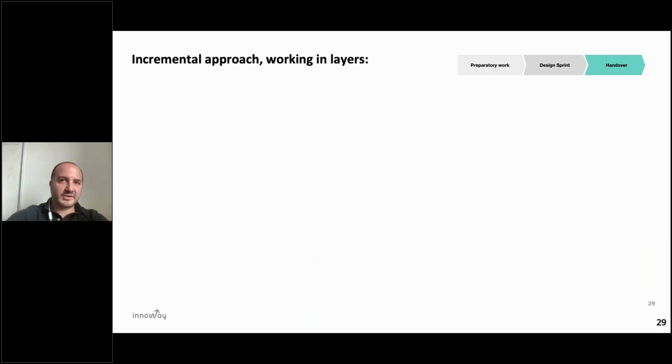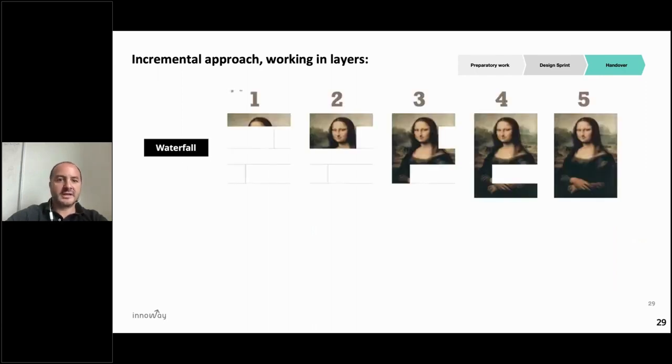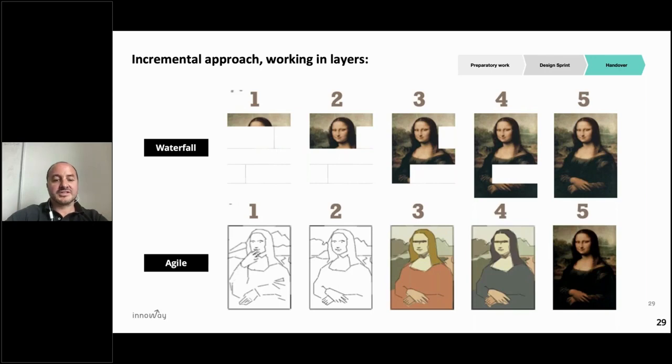And as I was saying, there are a lot of companies that use this opportunity to start implementing new ways of working. In this case, the difference is that usually companies tend to implement this in a waterfall approach. But what we suggest is to start using agile methodologies, where they allow you to develop certain versions, as you can see here from 1 to 5, that you can put in front of the customer.